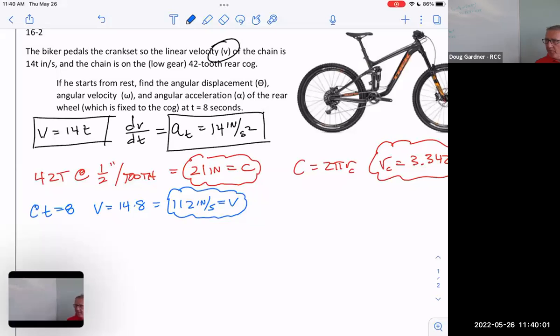And didn't I have a formula a second ago that allowed me to convert from linear speed to angular speed based on radius? Again, slow me down, interrupt.